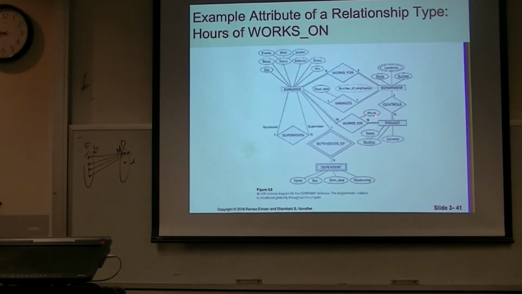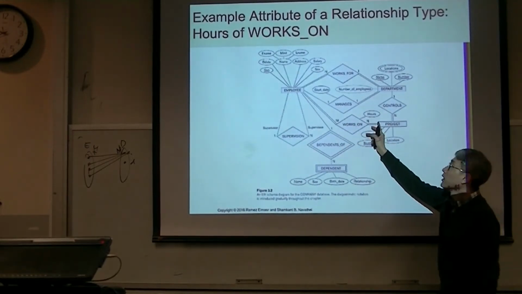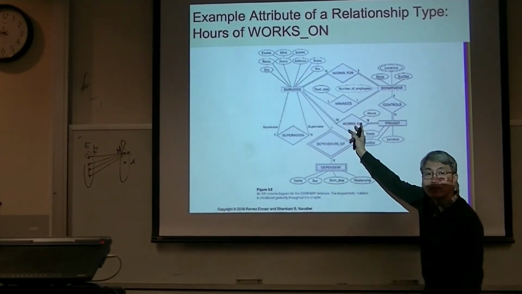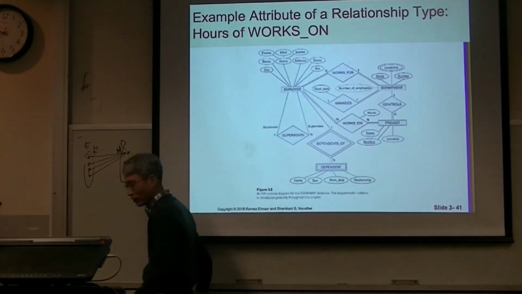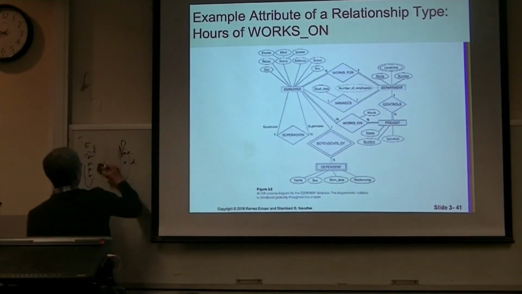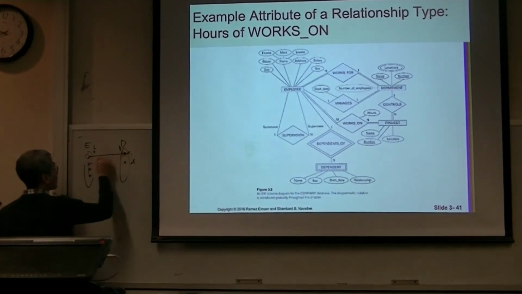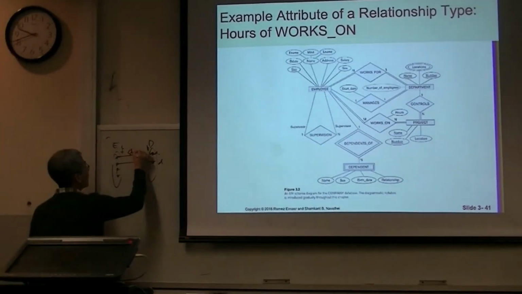Works on has the hours attribute, which means a relationship type can also have attributes. Especially in the many-to-many case, it definitely has an attribute. Take a look at manager: this one is a one-to-one mapping. So it has a start date.